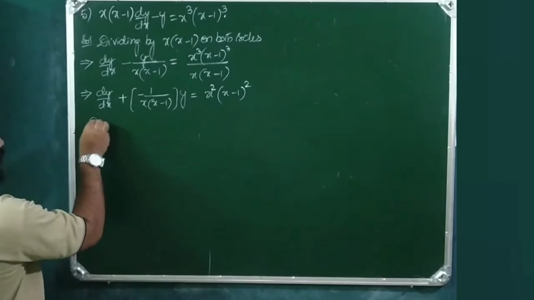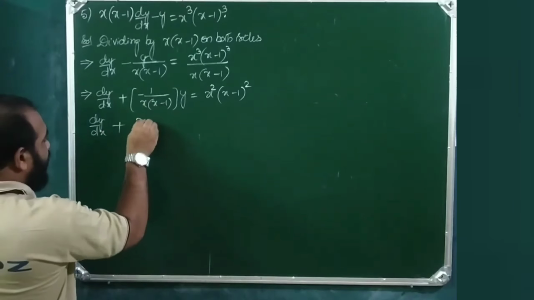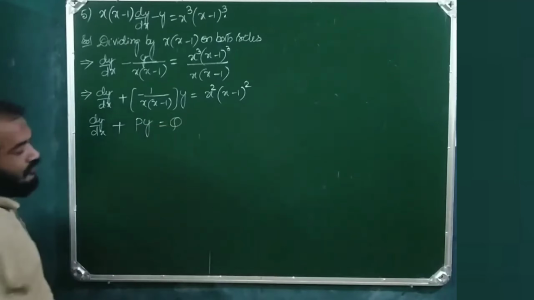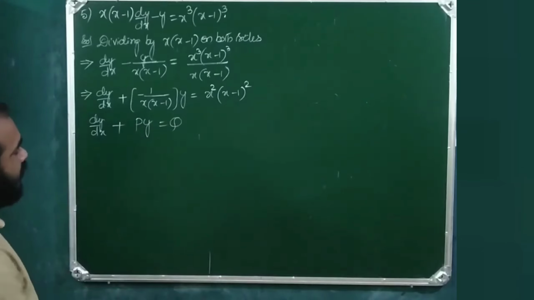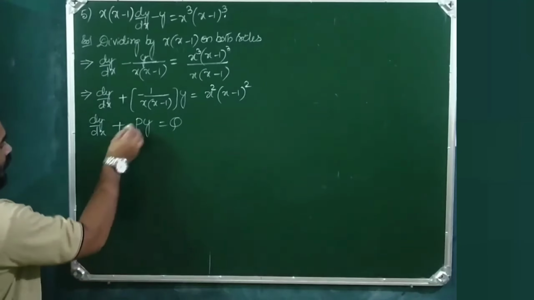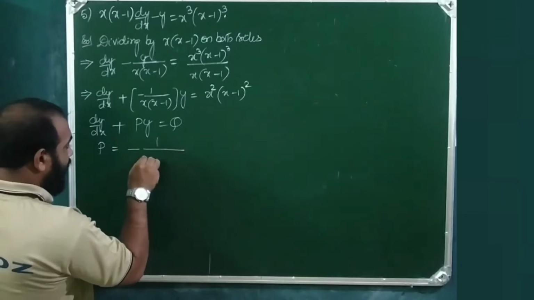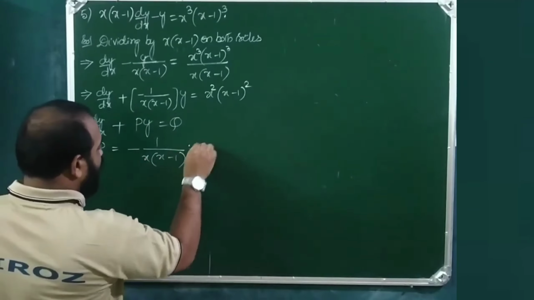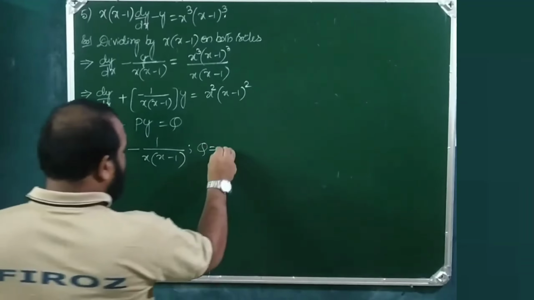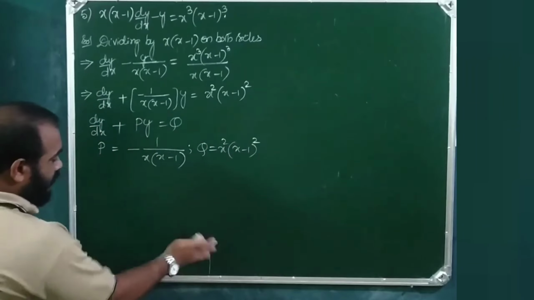So this is in the form dy by dx plus py equals q, which is the type 1, first category. Here p is equal to minus 1 by x into x minus 1, and q is equal to x square into x minus 1 whole square.